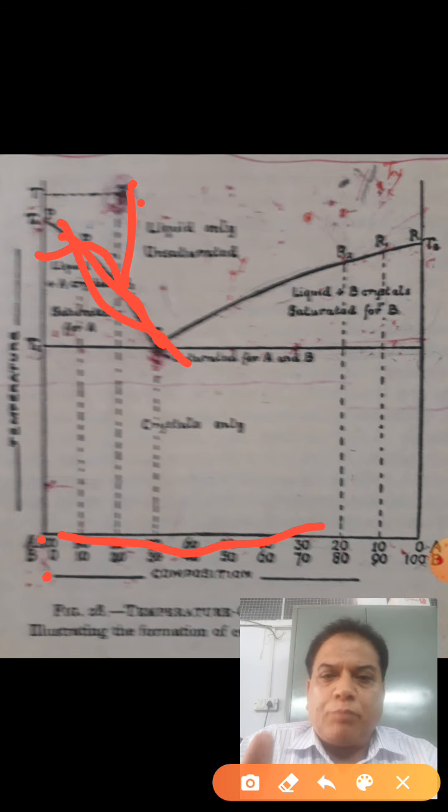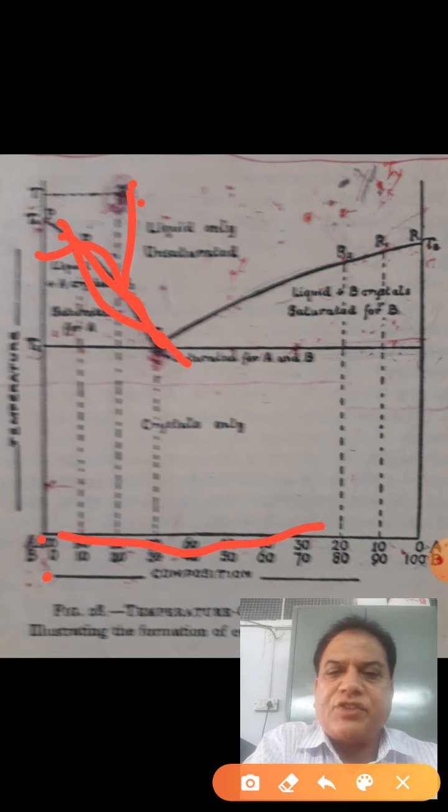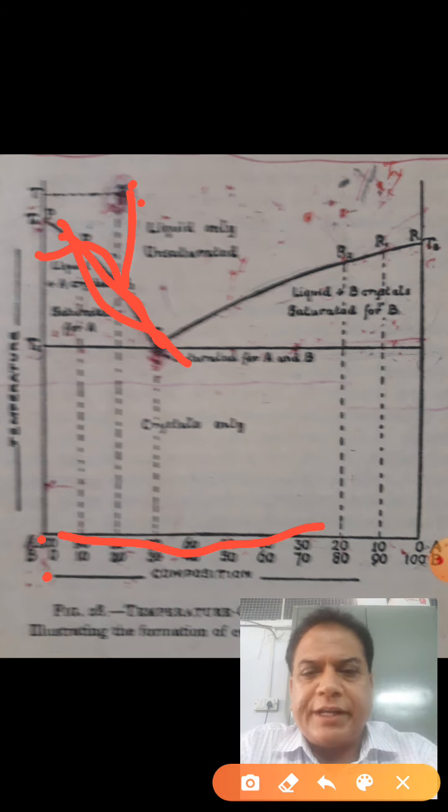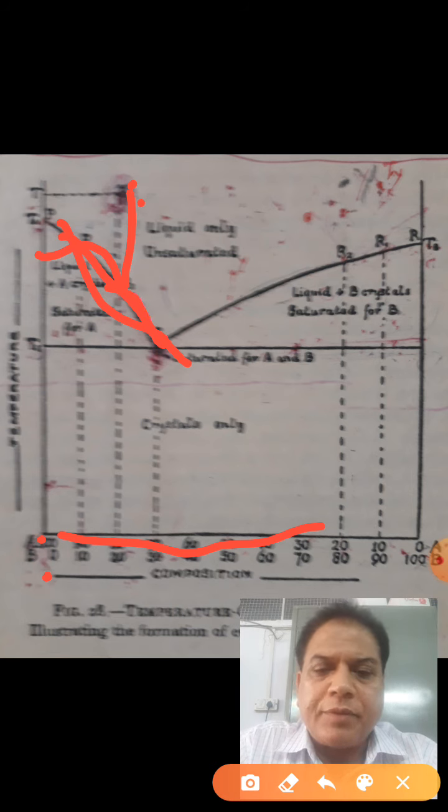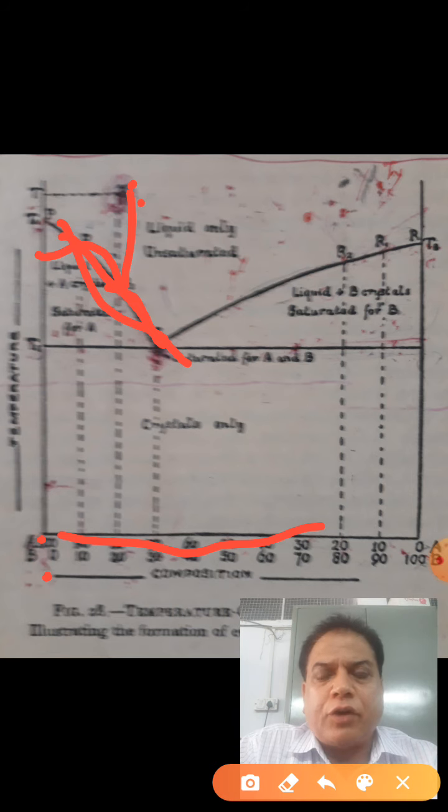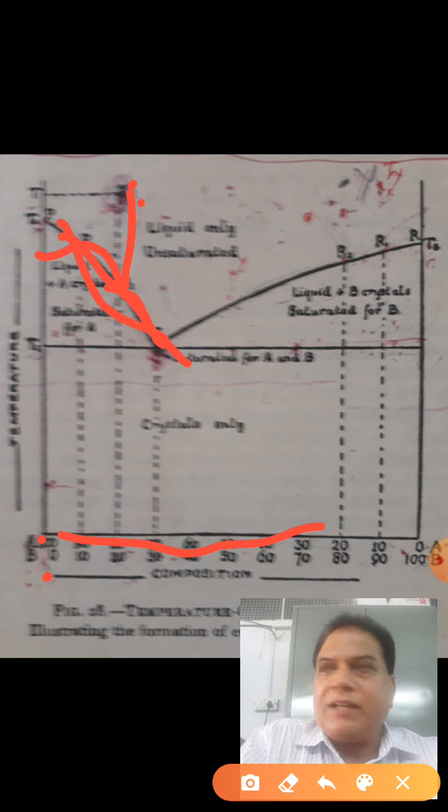Once the A component has converted into solid state, the liquid gets enriched in B component, and with lowering temperature it will follow this path, and ultimately it reaches point E, where there will be formation of crystals of both A and B.